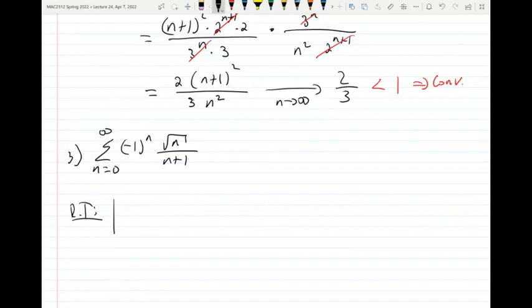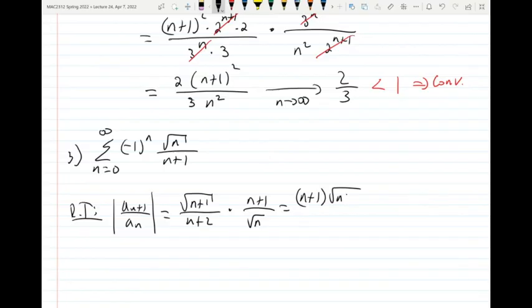If we look at the absolute value of a_(n+1) over a_n, that's just going to make everything positive, so I will get rid of the (-1) to the n. So basically, we're going to have square root of n+1 over n+2, that's a_(n+1), times flip a_n. Yes? So that's going to be (n+1) times this, divided by square root of n times this.